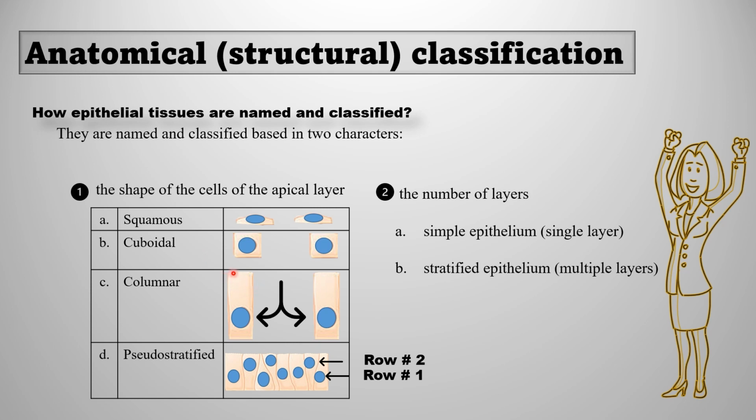Also, it might be none of these, so they may have a secretory function. So it is either for transporting material or absorption, or also has a secretory function.